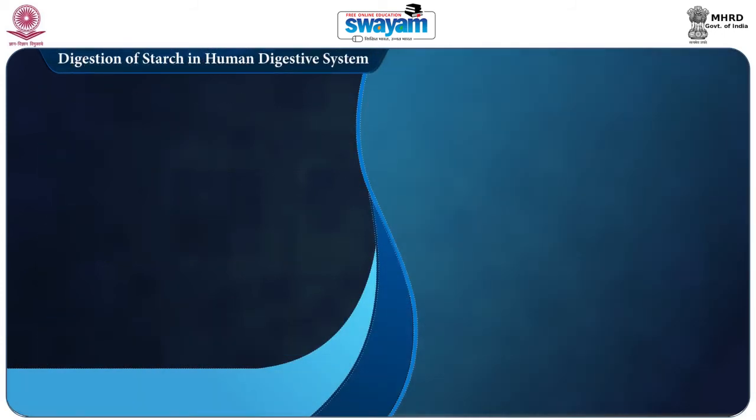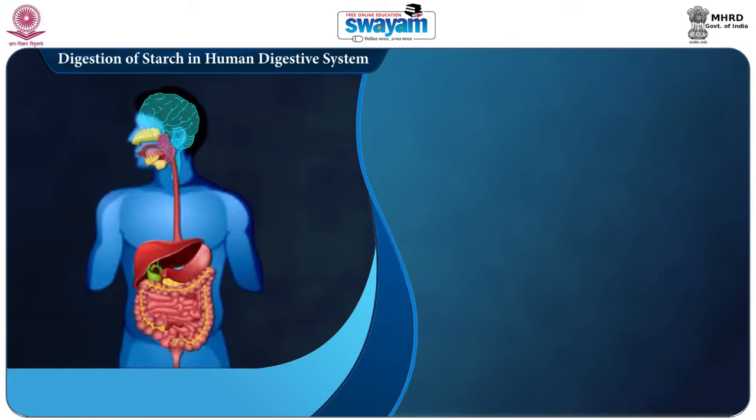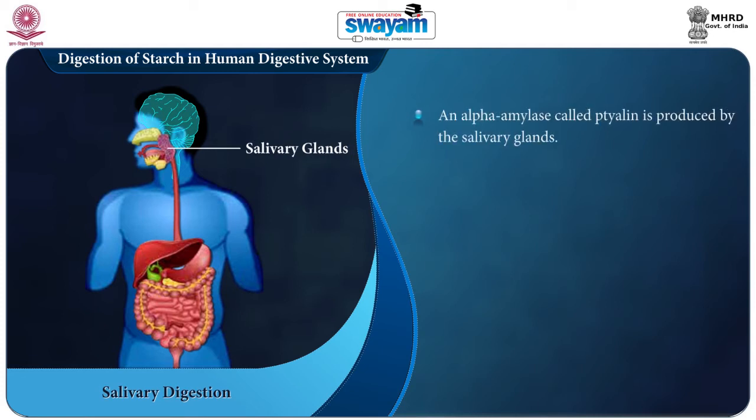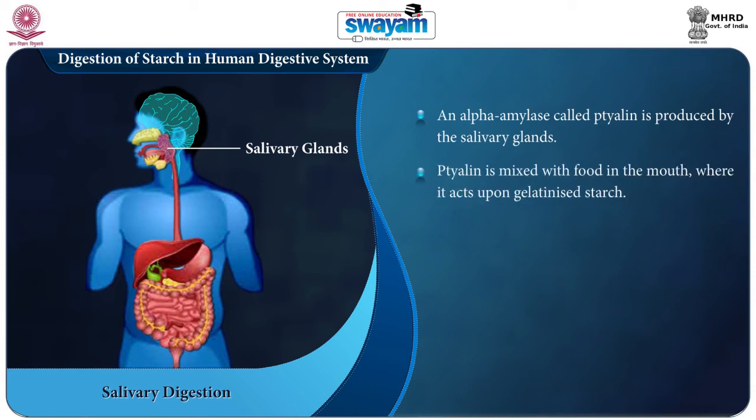Now, after learning about the amylases, let us see the process of digestion of starch in the human digestive system. The first phase is salivary digestion. An alpha amylase called ptyalin is produced by the salivary glands. Ptyalin is mixed with food in the mouth where it acts upon the gelatinized starch.